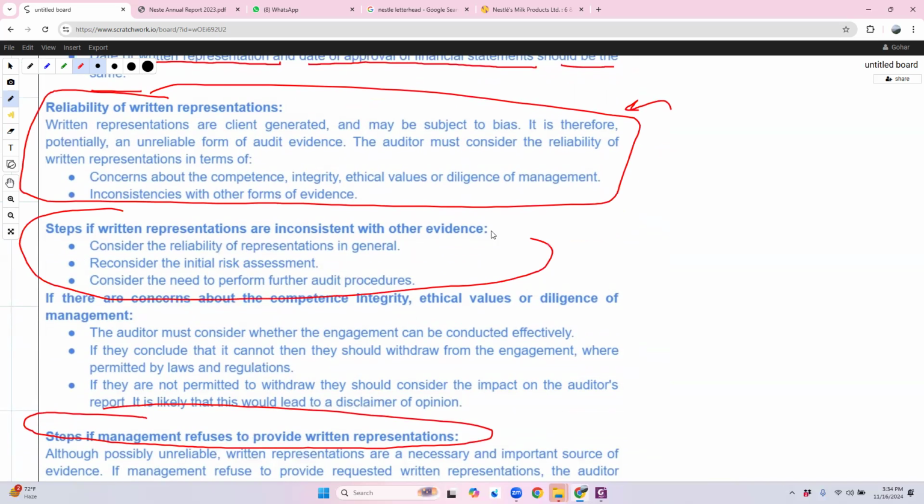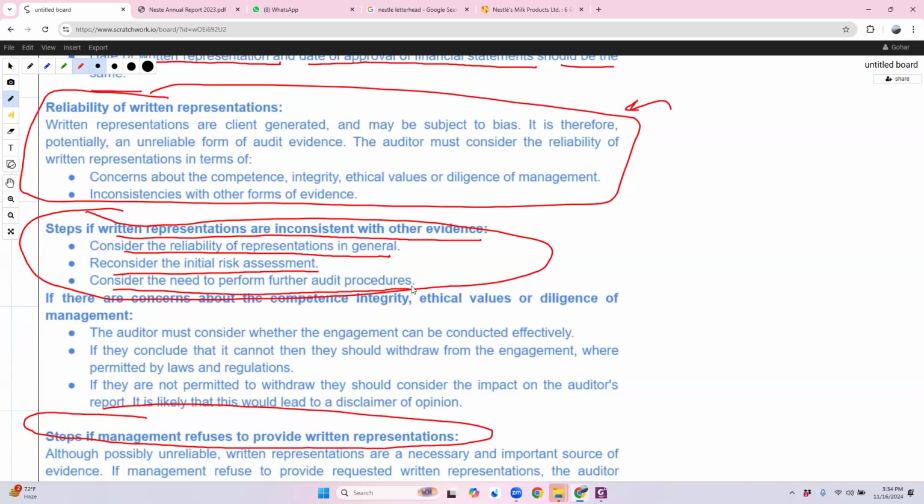If written representations are inconsistent with other evidence, consider the reliability of representations in general, reconsider the initial risk assessment, and consider the need to perform further audit procedures. This means that, in simple words, you audited and you found out that the revenue is increasing because of this reason, whereas the written representation, management was not accepting it. Now they are stating that the revenue has increased because of some other reason.